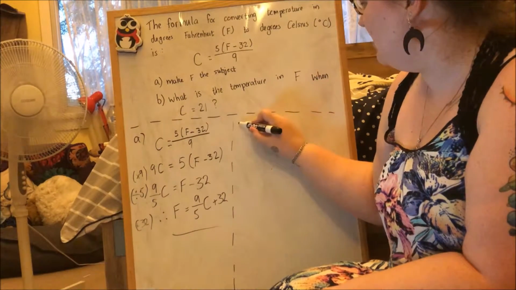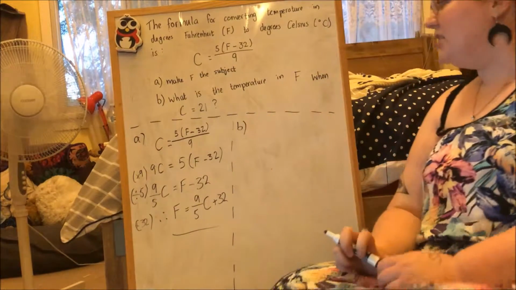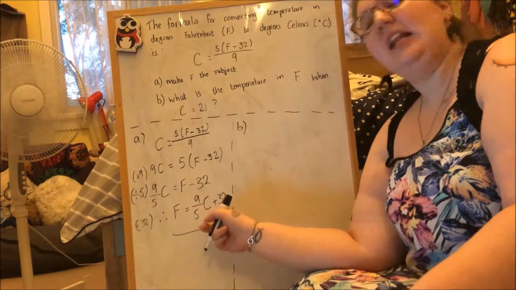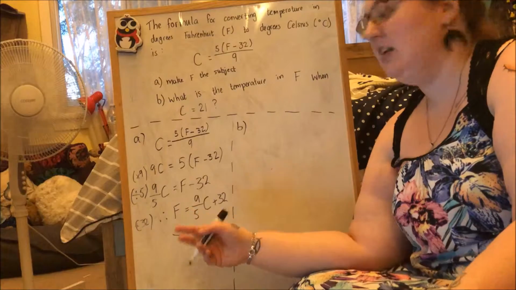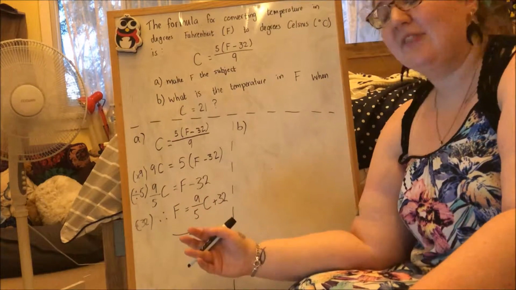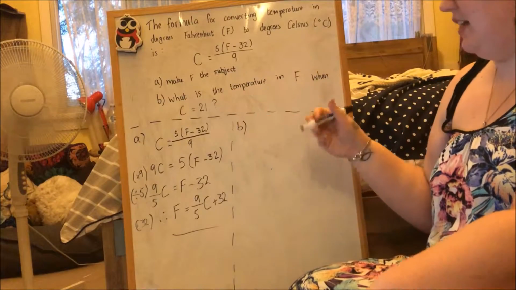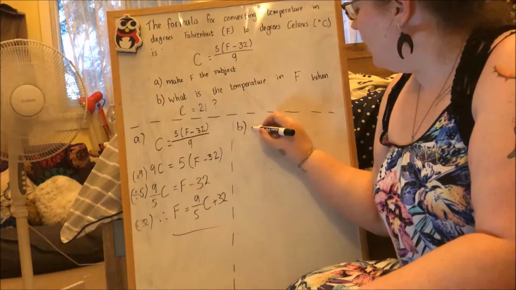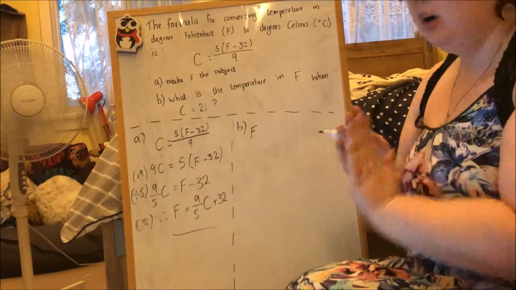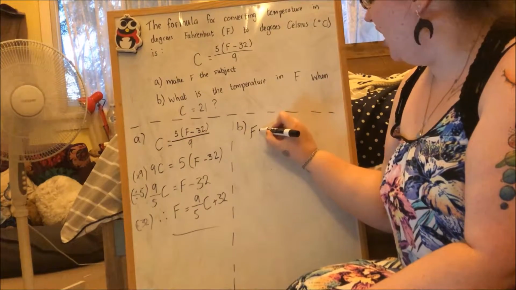So our B question: what is the temperature in Fahrenheit when C is equal to 21? We already have our formula rearranged so that F is the subject of the formula. So all we have to do now is sub in that value for C. First thing we're going to do is rewrite the formula, because that way you're not wondering what we are doing again.